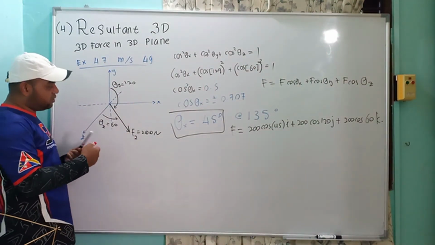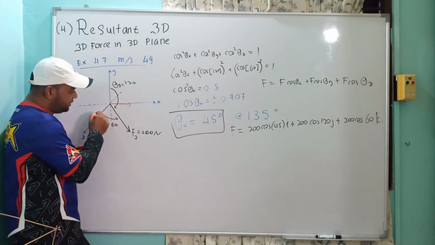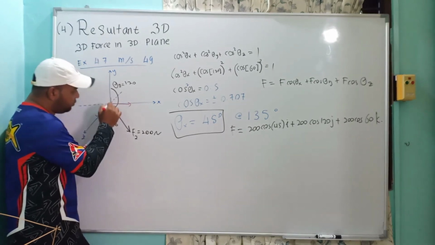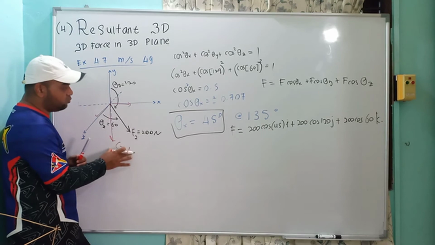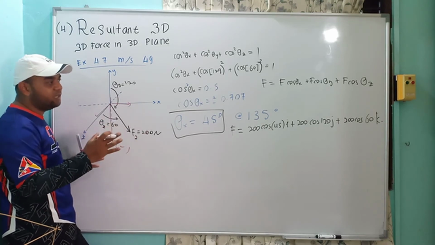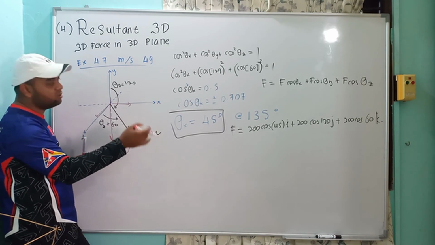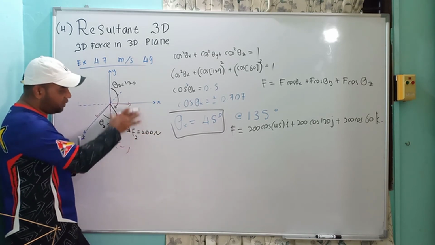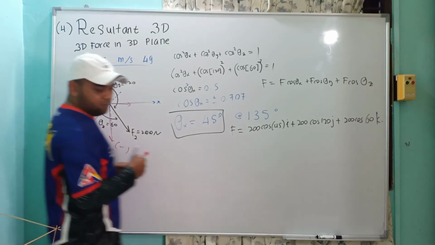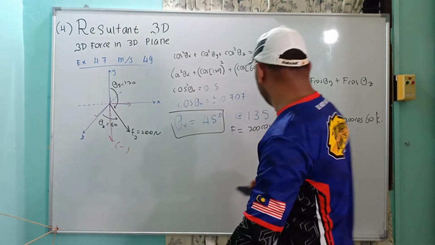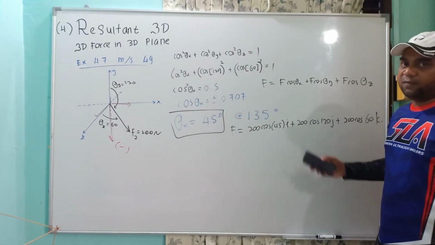You will see that if I resolve, one goes to positive x, positive z, and the other goes downward, so y will be negative. You have to carefully check from the equation. If the equation directly gives you the sign, it doesn't matter, but if not, you have to double check. If you go downward, you have to put negative. Here, cos 120 gives you the negative sign directly.